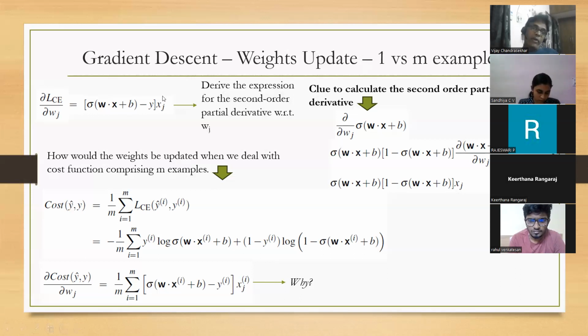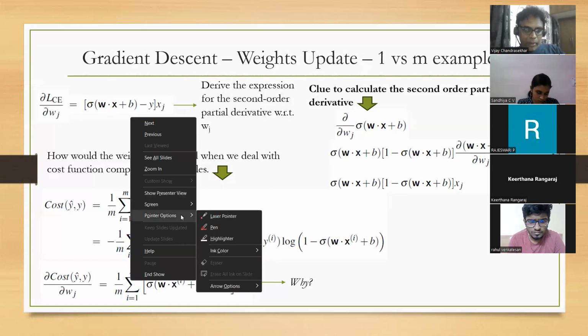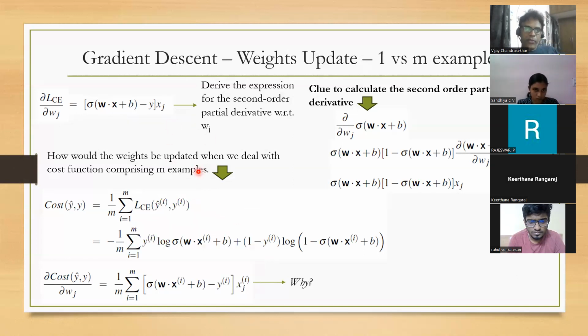But remember, we had already taken another xj out, correct? Before we calculated the second order derivative, we'd already taken this xj out. And then we were calculating the partial derivative of this expression. This was 0.